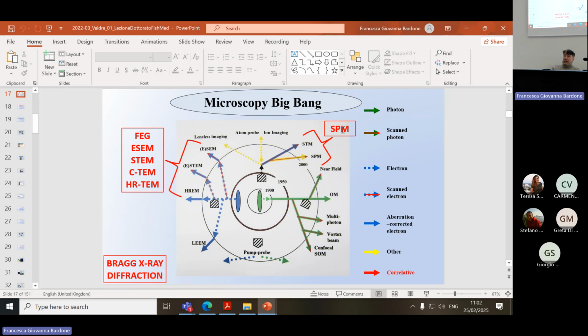And usually in the acronym of the technique you have the letter E, like environmental scanning electron microscope, scanning transmission electron microscope, conventional transmission electron, high resolution transmission electron. So usually when you have an electron microscope, you have the letter E, which stands for electron, even if you have scanning, probe, microscope, whatever. You're using electrons.